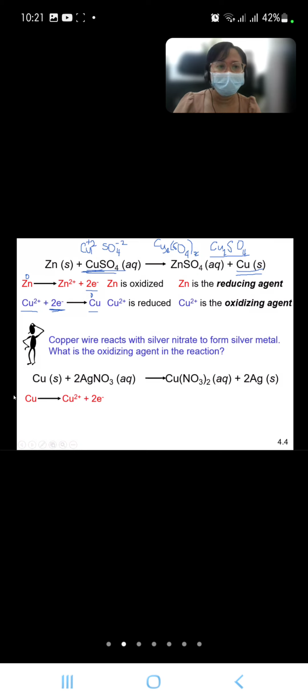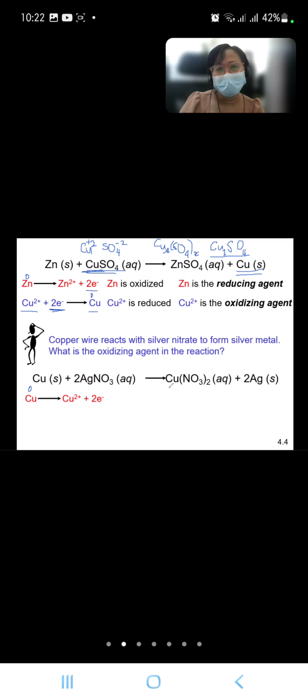let's analyze so that we know which underwent reduction and which underwent oxidation. On the reactant side, copper is a free element. Therefore, its charge is 0. When it reaches the product side, copper is bonded to the nitrate ion.